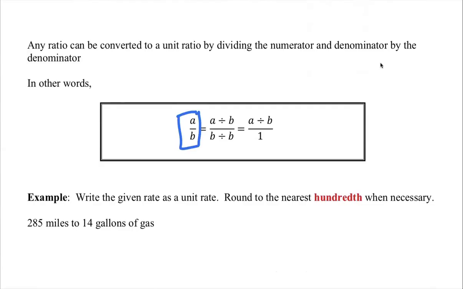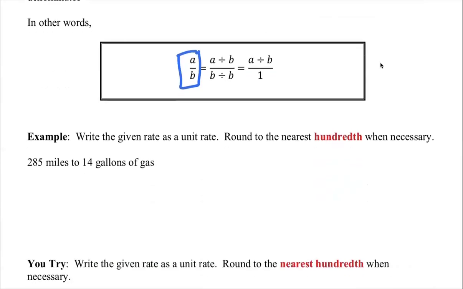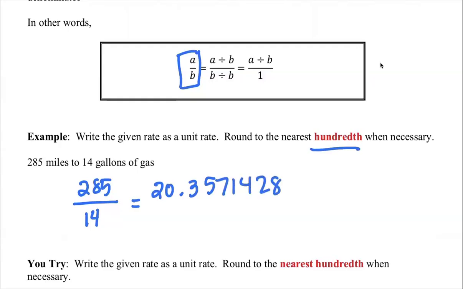For example, write the given rate as a unit rate, rounding to the nearest hundredth when necessary. So 285 miles per 14 gallons. And on my calculator, I'm doing 285 divided by 14. And that's giving me a decimal that looks like this, but we see up here that we're rounding to the hundredths place.